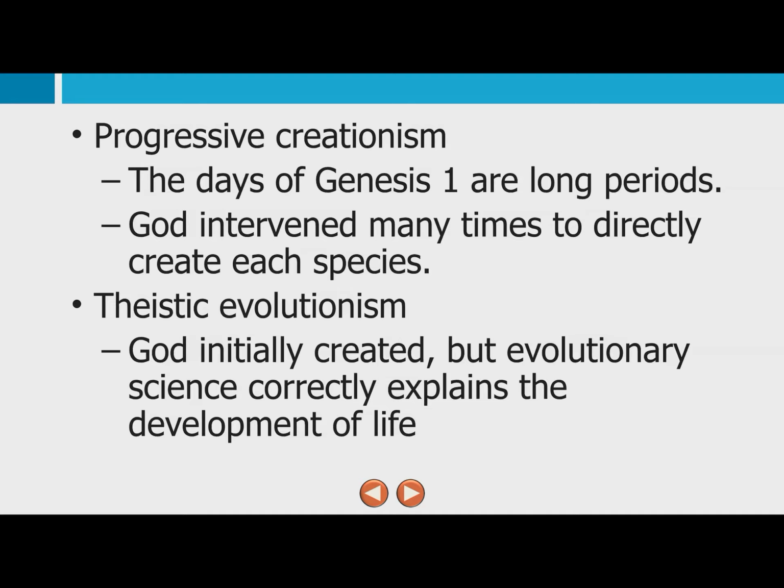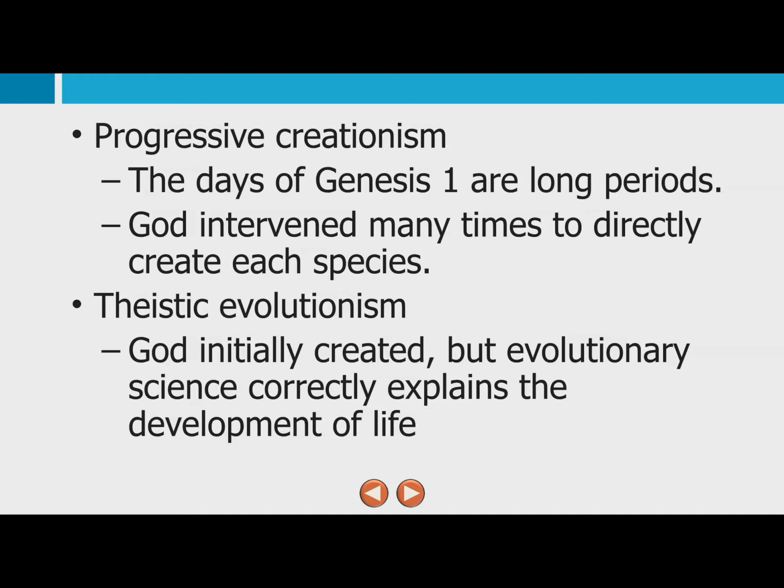Next, we see theistic evolutionism. God initially created, but evolutionary science correctly explains the development of life. This is the idea that God created the world and maybe a few animals, but evolutionary science, or evolution, is actually the means by which God developed the plants and animals that we have today.